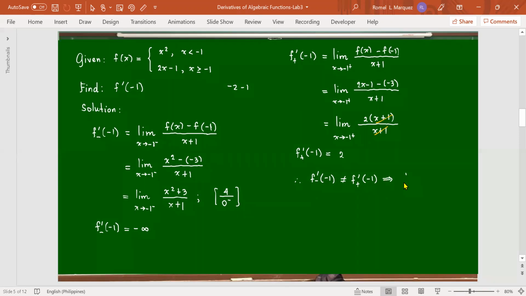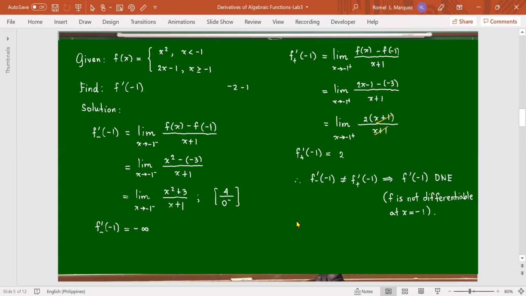F prime of negative 1 does not exist, meaning f is not differentiable at x equals negative 1. Get it?